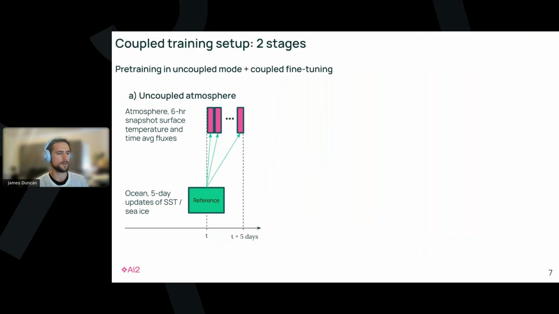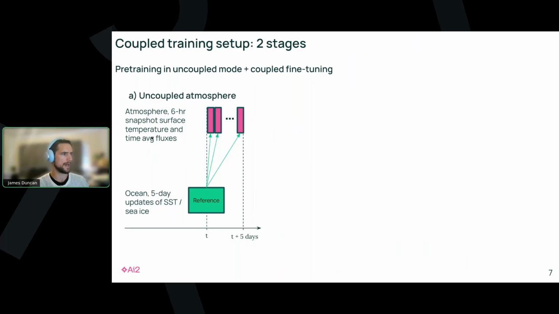So in terms of actually coupling these things, we have a two-stage process where we start with pre-training in uncoupled mode, and then we do some coupled fine-tuning. So uncoupled mode works very similar to the original ACE2 work and the original Samudra work, in that some boundary conditions are going to be just given as prescribed forcings, inputs to the model, and then the model will advance its own state forward in time based on those prescribed forcings.